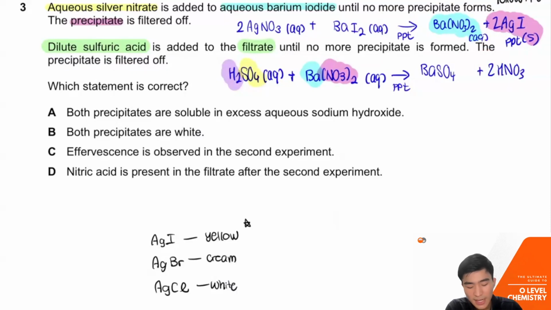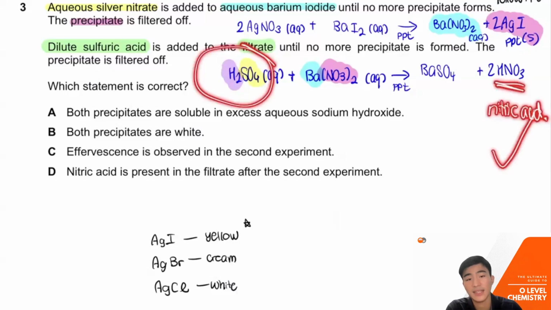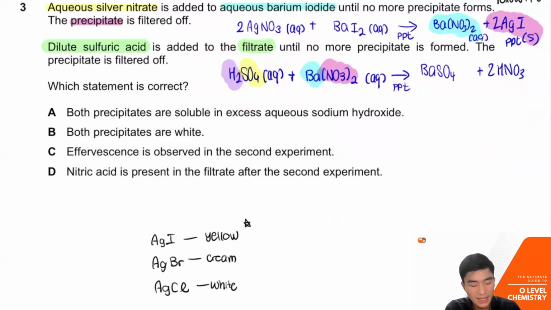Now you realize over here HNO3 is a dilute nitric acid. This is where I actually managed to convert a sulfuric acid into nitric acid through this kind of reaction. And in this case, they say that there will be another precipitate that is formed. Clearly, based on these two, you know that the BaSO4 is the precipitate, because nitric acid cannot be a precipitate.